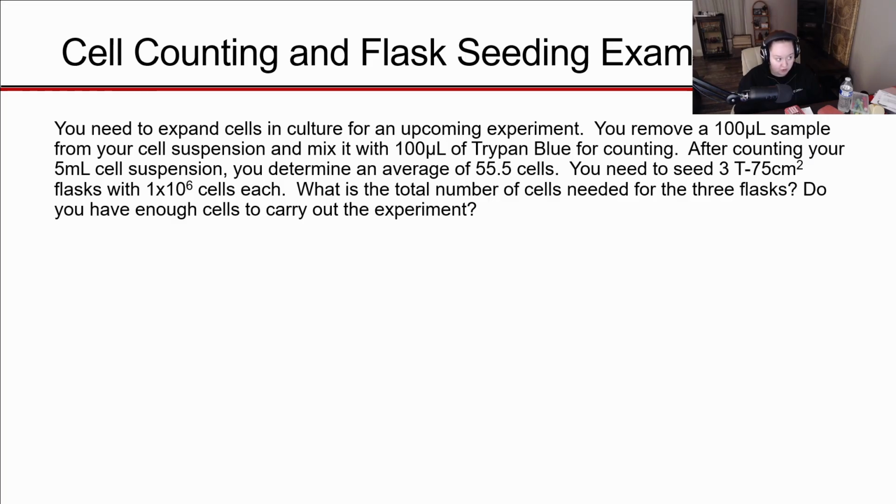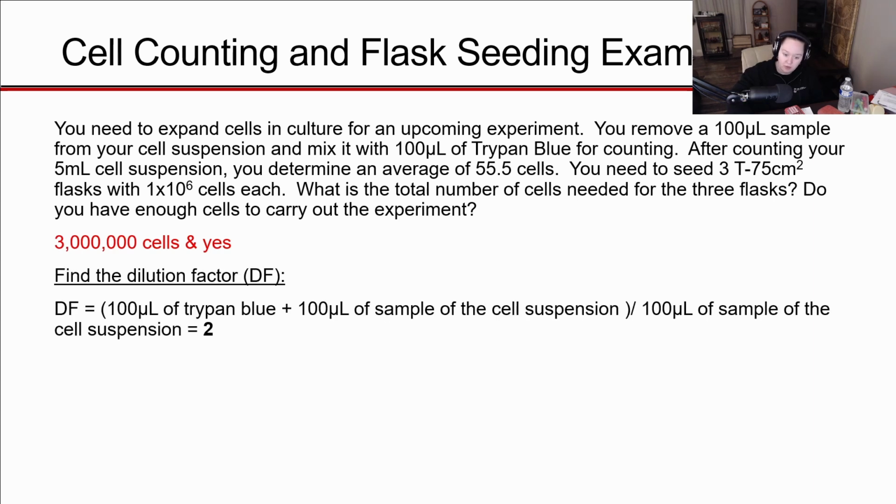After counting your 5 milliliter cell suspension, you determine an average of 55.5 cells. You need to seed 3 T75 flasks with 1 million cells each. What is the total number of cells needed for the 3 flasks, and do you have enough cells to carry out your experiment? You will need 3 million cells for the flasks, and yes, there is enough here, and I'll walk through how to do that.